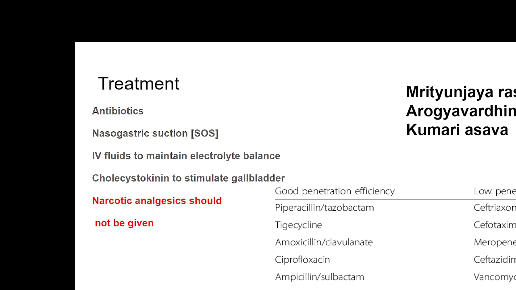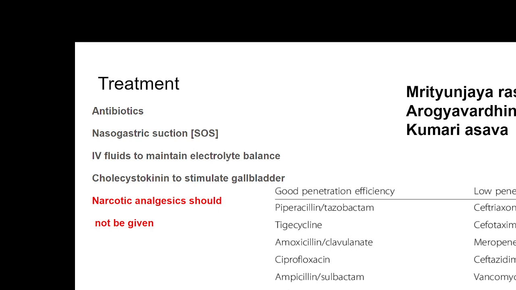Those antibiotics which have better penetration in the bile are piperacillin, tigecycline, amoxicillin, ciprofloxacin, ampicillin, cefepime, and levofloxacin. Whereas those which have lesser penetration capacity are ceftriaxone, cefotaxime, etc. And that's about the choice of antibiotics; those which are not secreted by the biliary system would have lesser efficacy there.